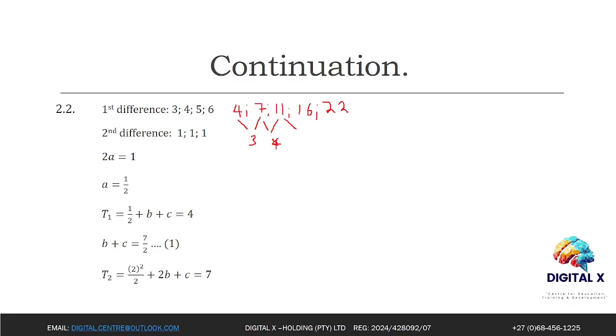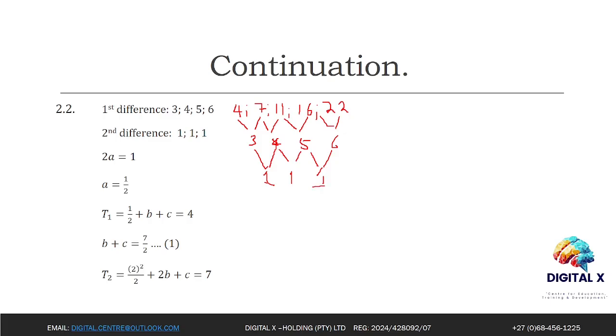And when you subtract this from that, you get 5. And when you subtract that from that, you get 6. And they all have a constant second difference of 1. We are told this already.